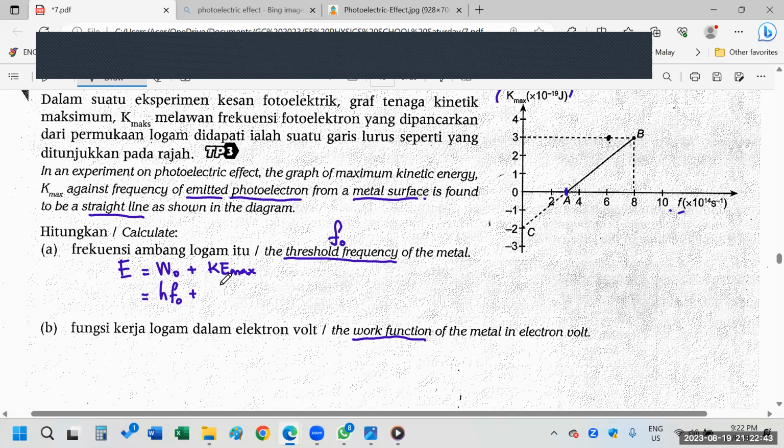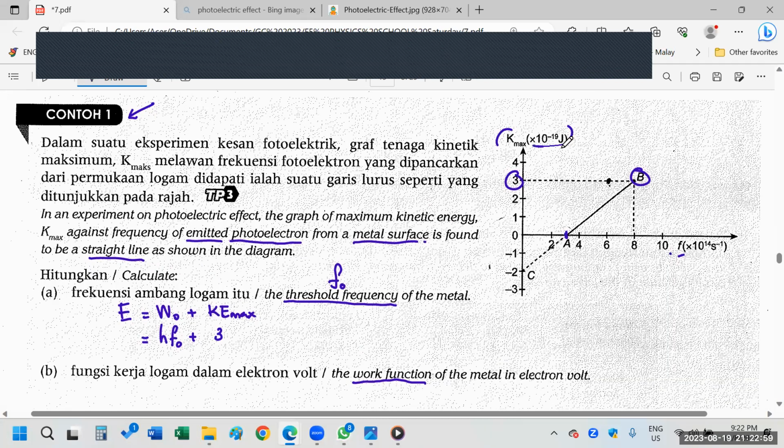KE max would be, oh here, KE max would be 3. KE max would be 3. 3 what? Don't forget, look at the unit of the x-axis.